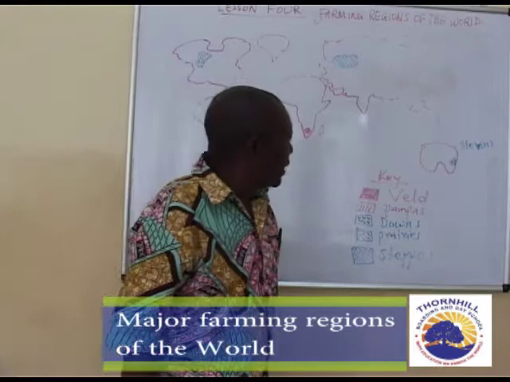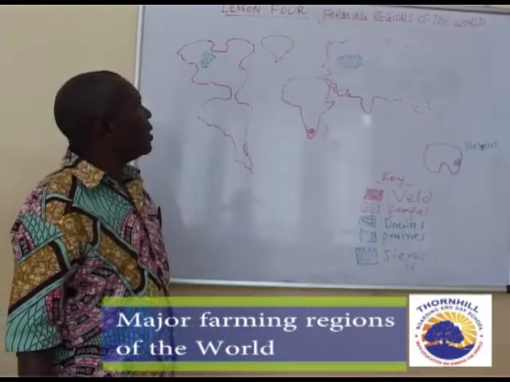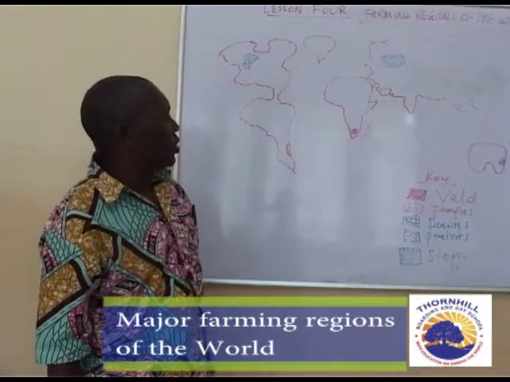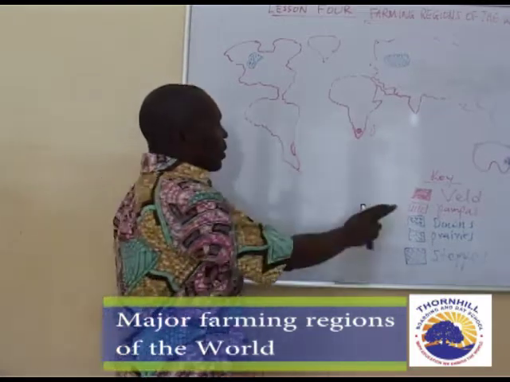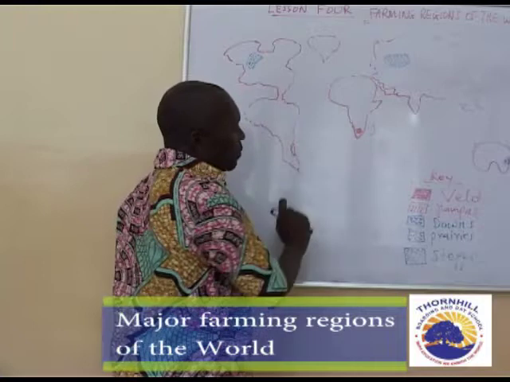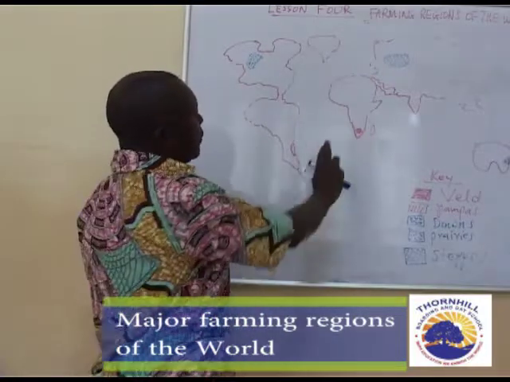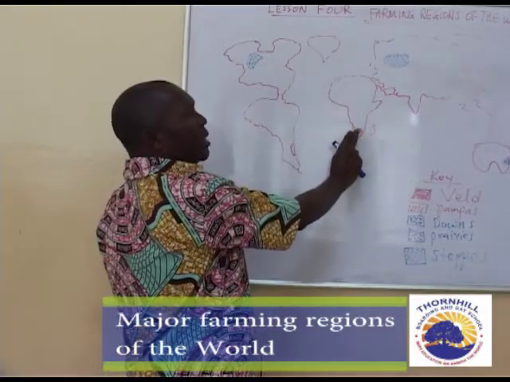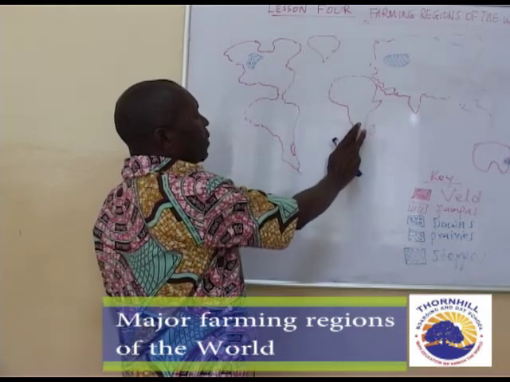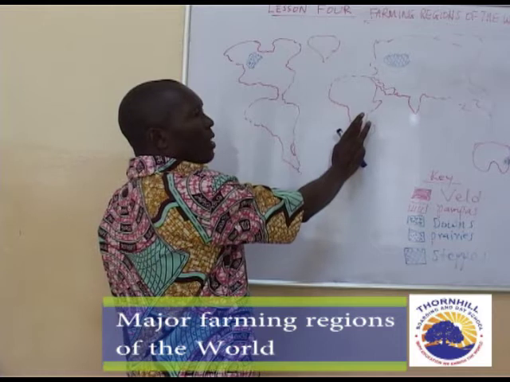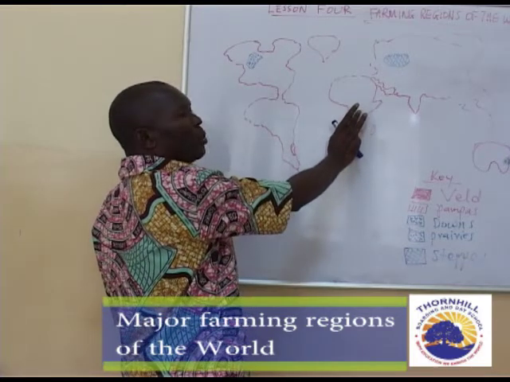These are the 5 major farming regions of the world. We have the veld, that is in Southern Africa. The vegetation extends upwards from South Africa, covering part of Central Africa up to Kenya.